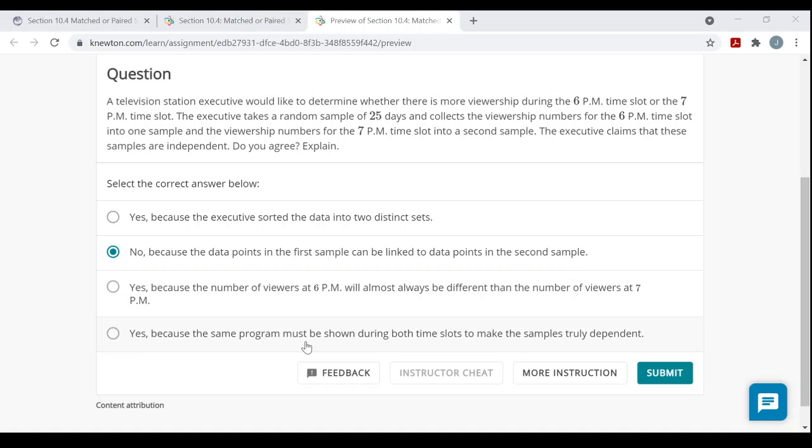Yes, because the same program must be shown during both time slots to make the samples truly dependent? No, again, it's no. There's a link between the two. The two samples might share some people, so they are dependent and linked in some way.